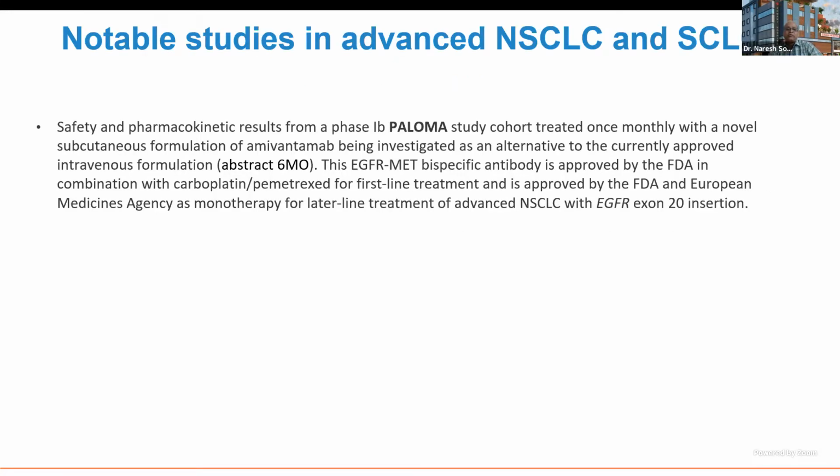A notable other study was the PALOMA trial. As we know, many available monoclonal antibodies, like the trastuzumab-pertuzumab combination and drugs like the myeloma drug daratumumab, and now amivantamab, are also being designed and developed as subcutaneous preparations.